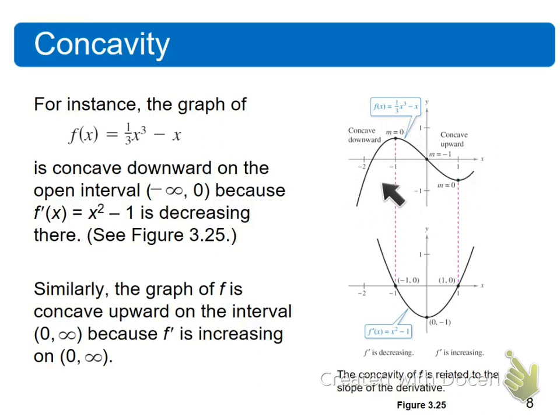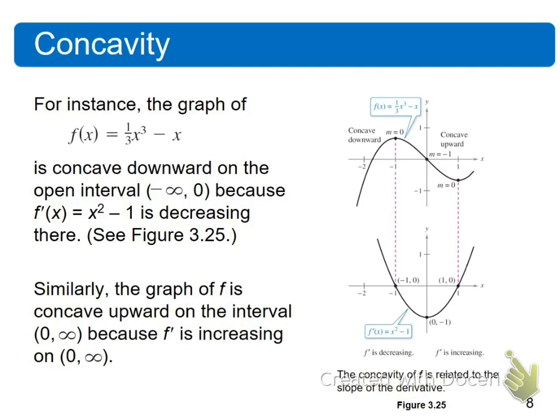Now look here. This is the graph, this is the derivative of this. Okay? Look at this. This derivative is decreasing. This function was concave down. Didn't we say that's the definition? The derivative here is increasing, concave up.